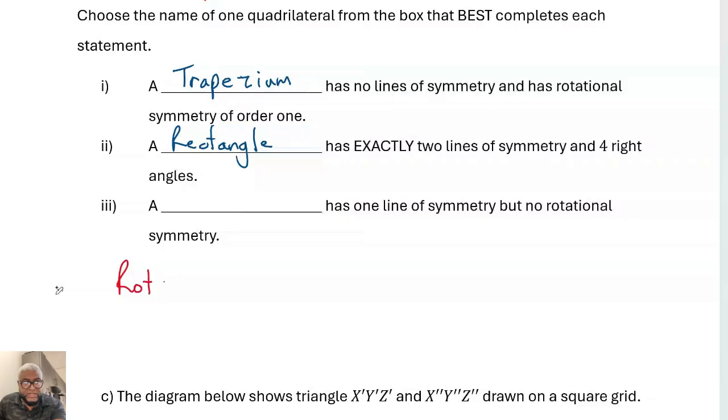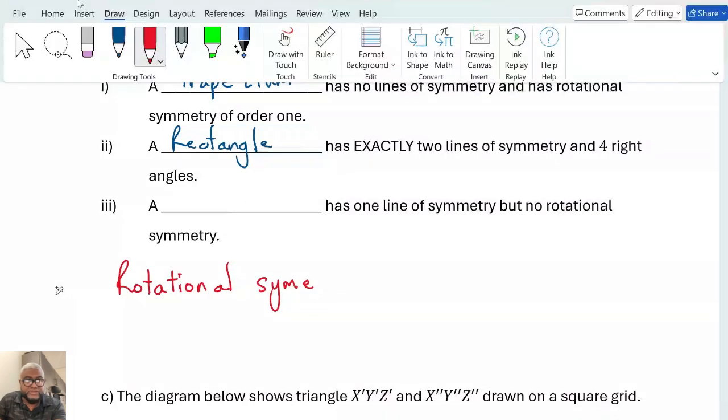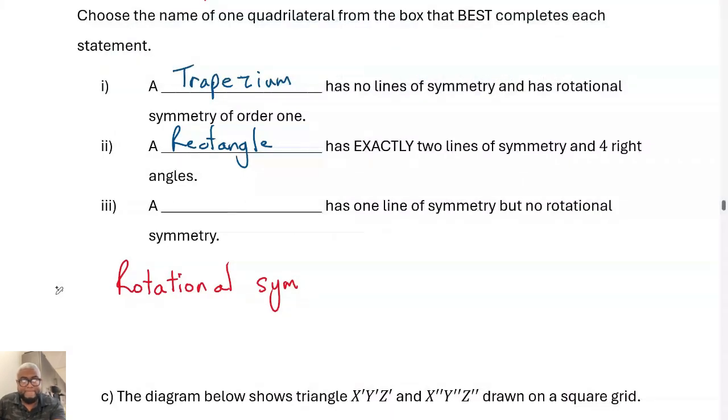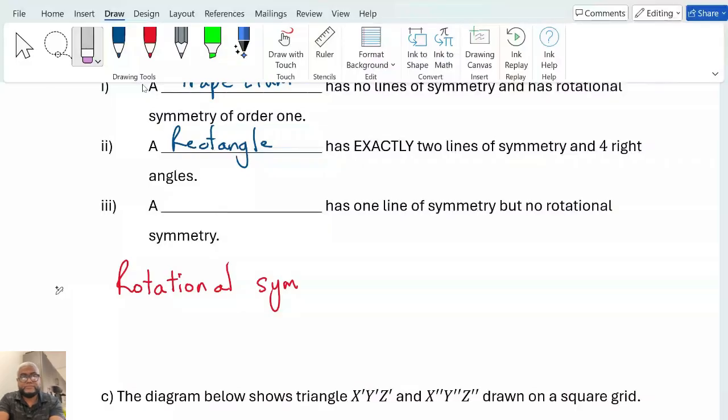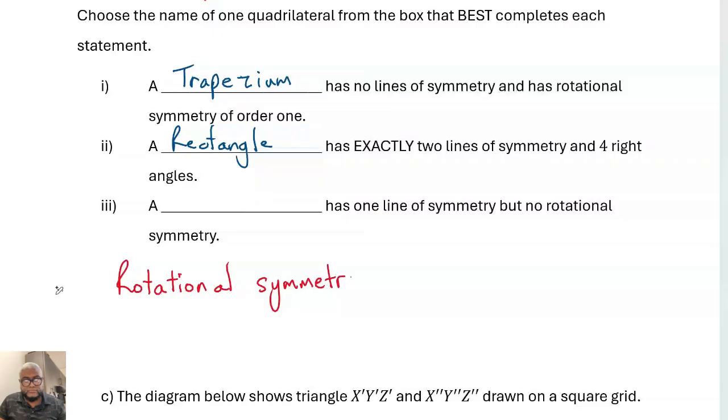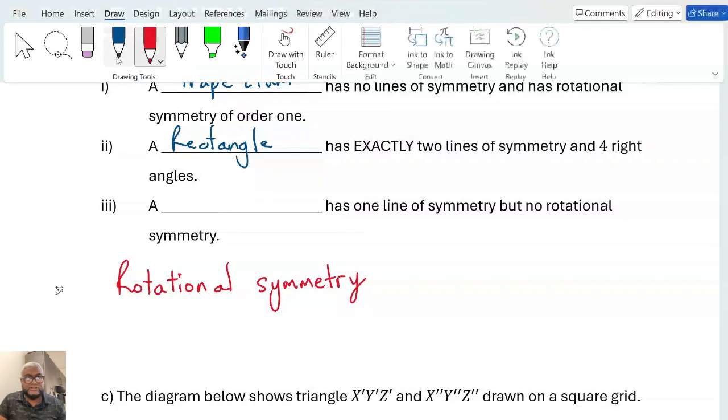So rotational symmetry, two M's. Right, so rotational symmetry, you'll try to write same speed with me, right? So you wouldn't have to wait, right?